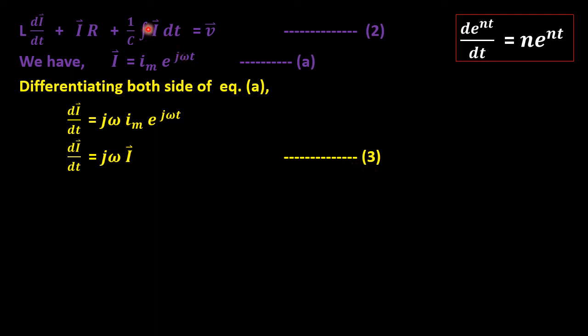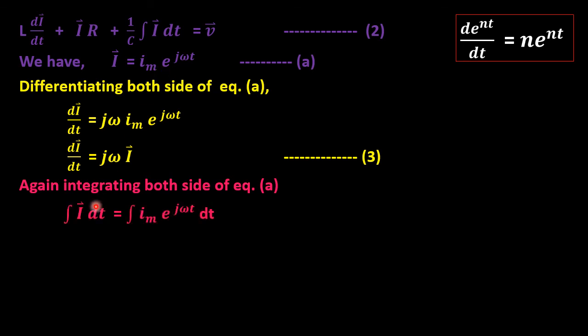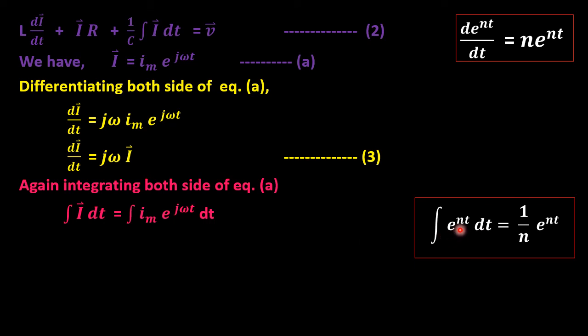Now in order to replace integration I dt in equation number 2, we need to integrate equation A both sides with respect to time. In the left hand side it will be integration I dt, and in the right hand side it will be integration Im e to the power j omega t dt. Here Im is constant, so it can be taken out of the integration, and the rest can be integrated using the formula integration e to the power nt dt equals 1 by n e to the power nt.